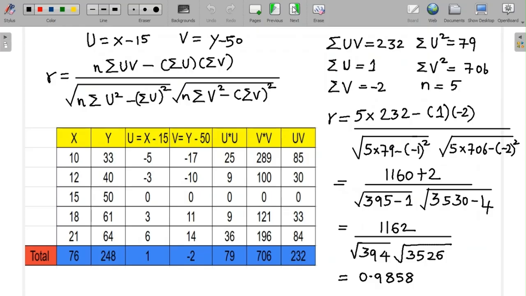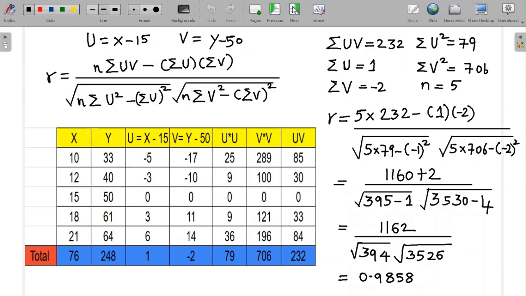Here, what we do is we try and find the average. X values give an average of 76 by 5, which is 15.2. And the y average is also close to 50, but it's not exactly 50. So we calculate the deviations from convenient choices. Let's do the deviations of x from 15 and deviations of y from 50, and we call them u and v just to distinguish them from x and y.